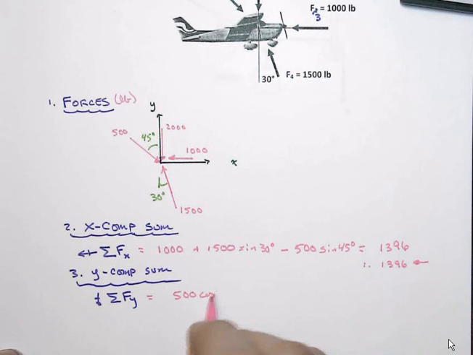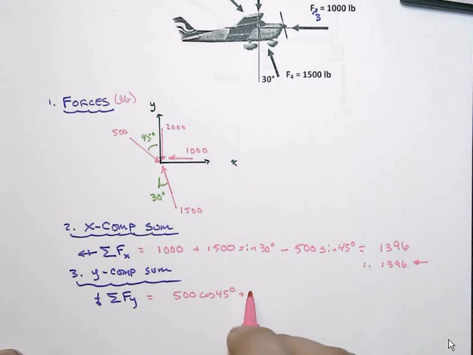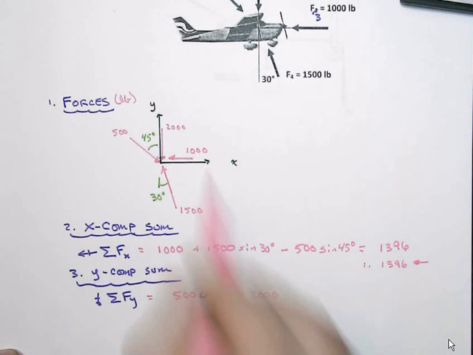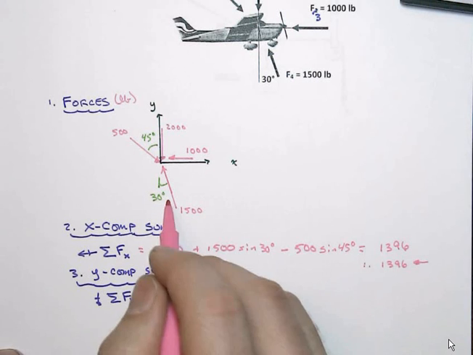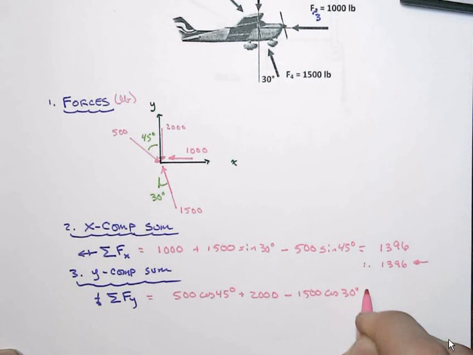Of course, 1,000 has no vertical component at all, and then we got the vertical component of the 1,500, which is going the up direction in the equation. That's a minus, and that'll be cosine of 30 degrees, and that will equal 1,054. There again, that positive number indicates that that's in the positive direction, which in the equation is downwards. Okay. So that'll give us the individual components.